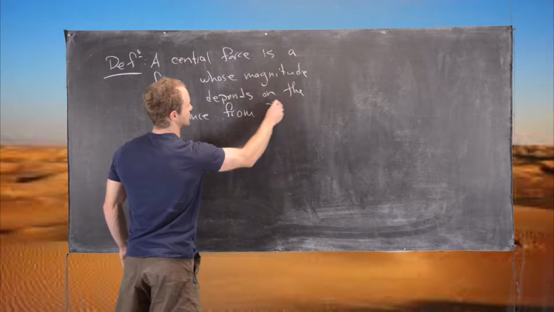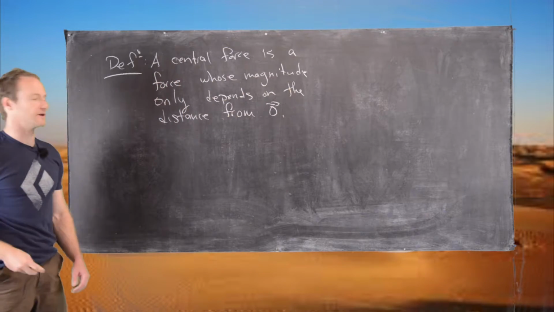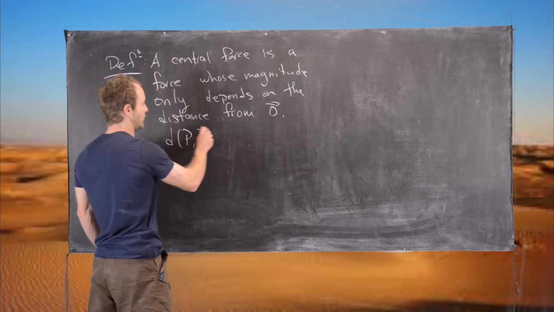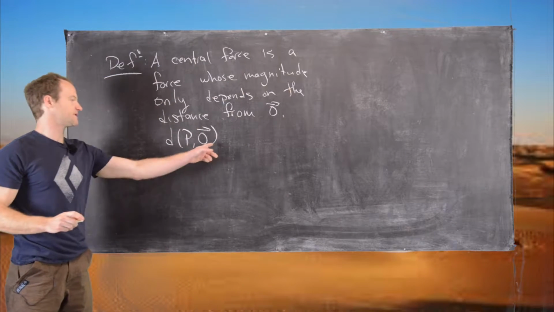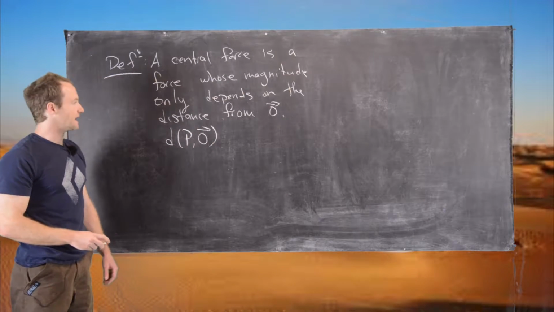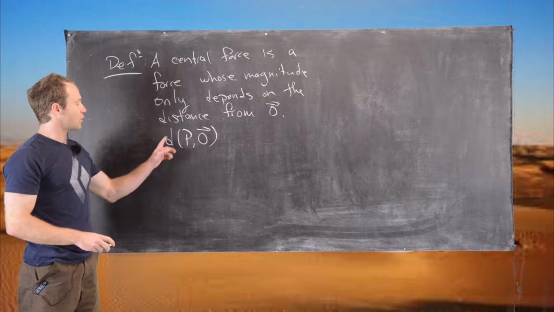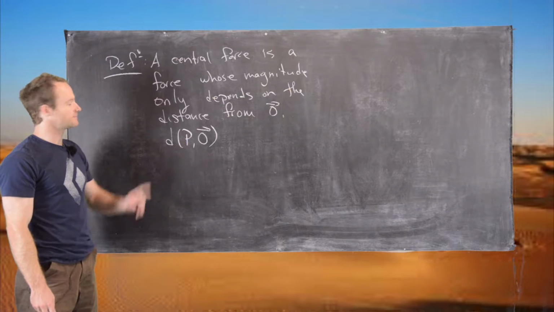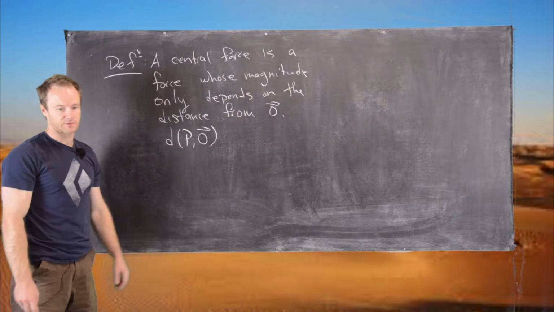I'll denote the origin by a 0 with an arrow over it. In other words, the distance between a point and the origin is the only determination in the force exerted on an object at point P by the central force.